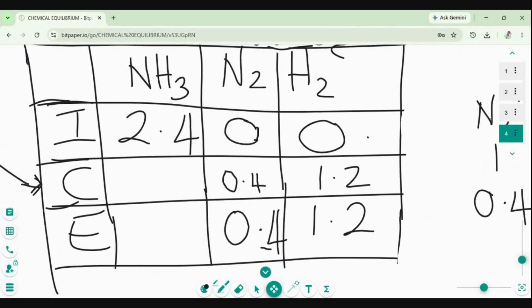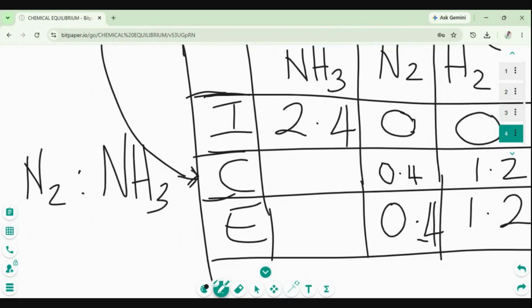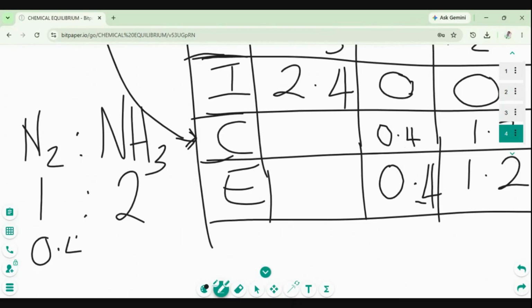I come back this other side. I need ammonia. I start with what I know, going to what I don't know. I know nitrogen. I need ammonia. Okay, so they're telling us from the equation that 1 mole is formed from 2 moles. But this time it was not 1 mole, it was 0.4. So it will be 2 times 0.4, which will be 0.8.